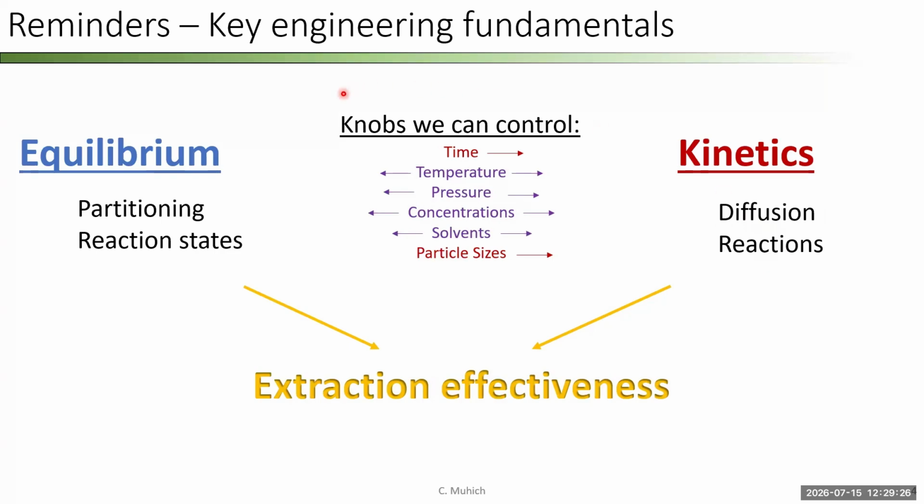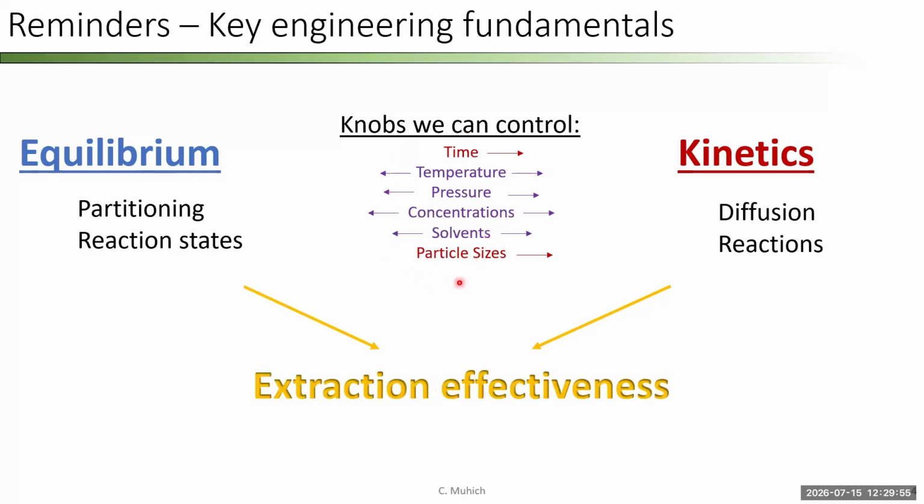The knobs that we can control in terms of these various extraction techniques are generally things like time, so how long we run a process, temperature, what temperature that process runs at, pressure, the concentrations of various components, which solvents we're using, and particle sizes.